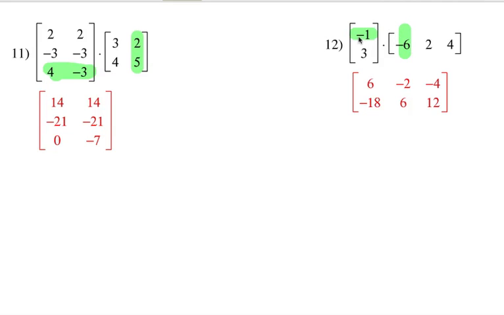So it's really -1 times -6 is +6. -1 times 2, which would be -2 there. And -1 times 4, which would be -4. So we can just whip out that first row of the answer pretty easily. To finish, we would have 3 times -6, 3 times 2, and 3 times 4. Okay, there's our final answer.